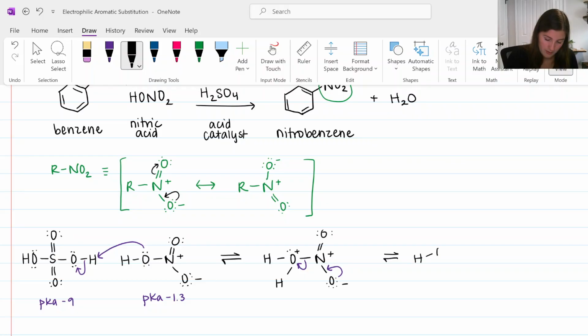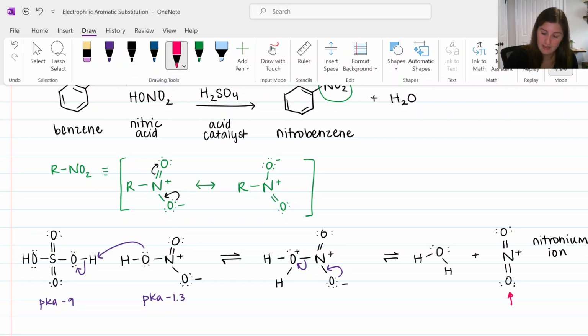So we get water and the nitronium ion. And this is the electrophile that is a strong enough electrophile to then be implemented in the EAS reaction.